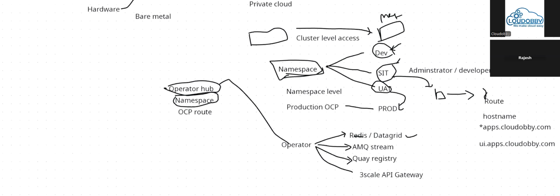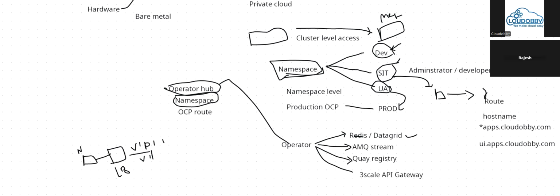Similarly, the same load balancer will be used for the OCP route. So basically, you have your OCP nodes, which will be configured with the load balancer. Usually a load balancer will have virtual IPs, VIPs, in real time. So VIP1, VIP2, VIP3. For example, VIP1 I will give for my master servers. For my worker node and infra node, I give VIP2.